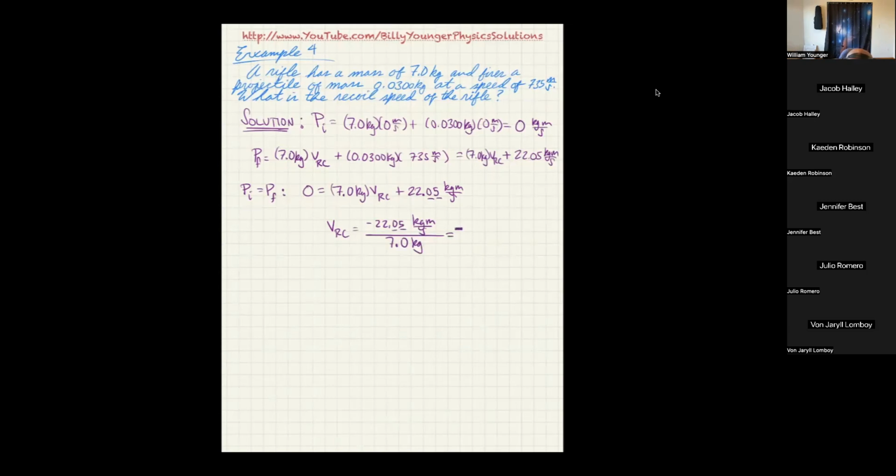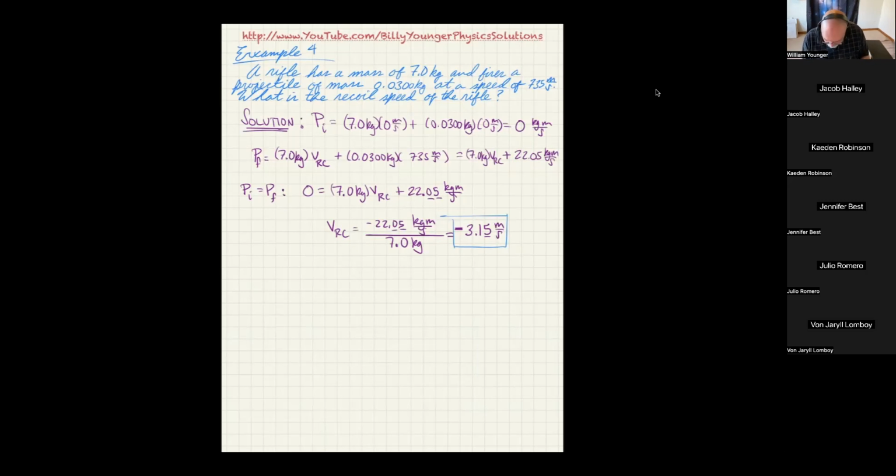If the bullet went off in the positive direction, this is telling us that the rifle will go off in what's called the negative direction. So I'm going to divide this 22.05 by 7, and that gives me 3.15. So the recoil velocity of the rifle is in fact about 3.2 meters per second.